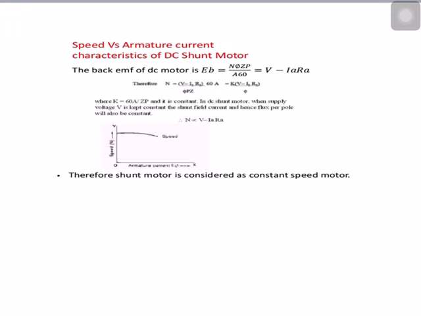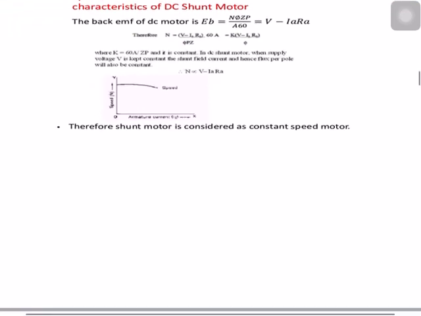When supply voltage V is kept constant, the shunt field current and hence flux per pole will also be constant, so N is directly proportional to V minus Ia Ra. So this is how the shunt motor characteristic for speed versus armature current looks.